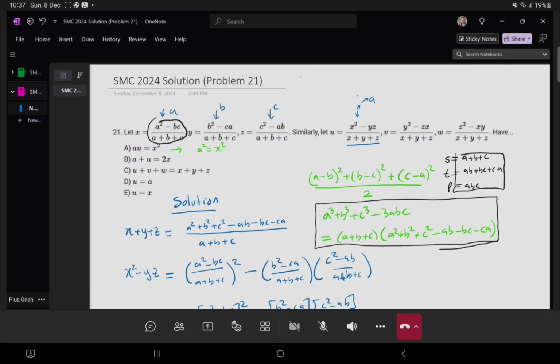It's not natural, so this is not an identity. It doesn't work. The next one has a similar issue. If U is also A, then you have 2A and then 2X. X is not directly A, so this doesn't quite work.